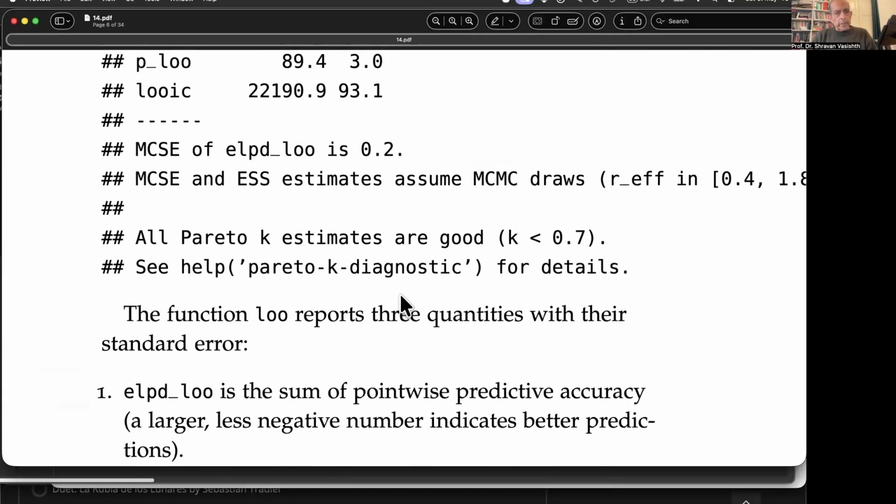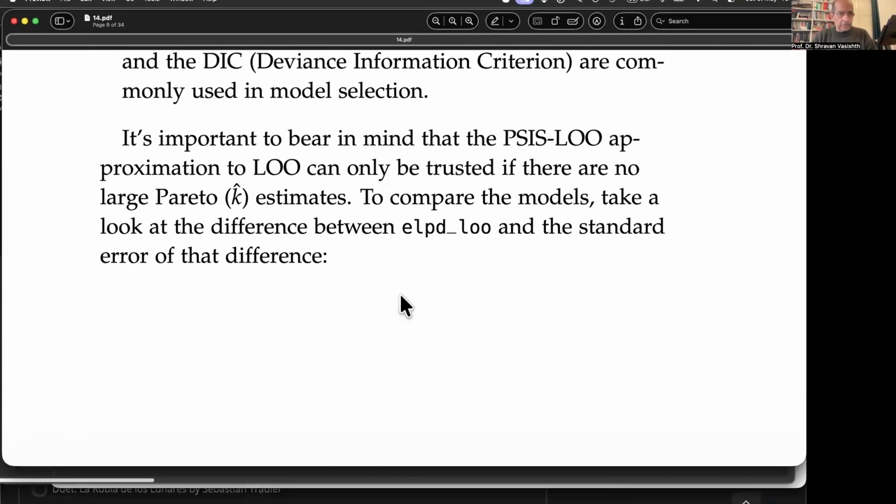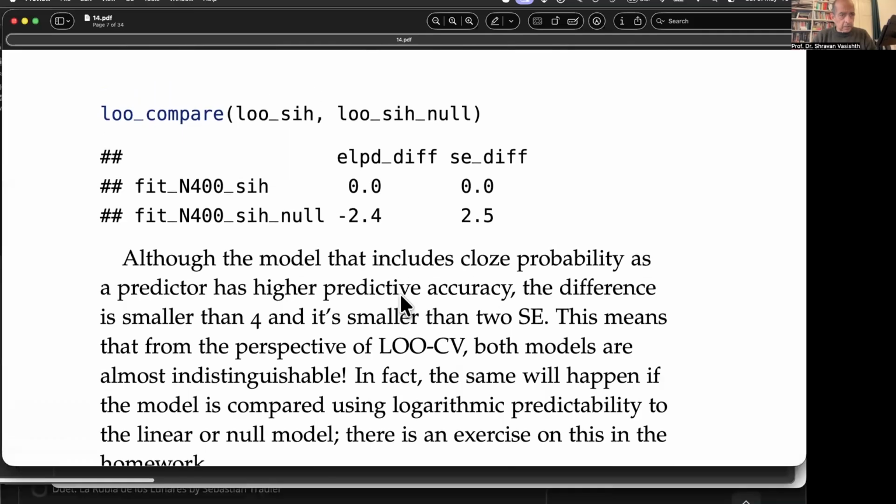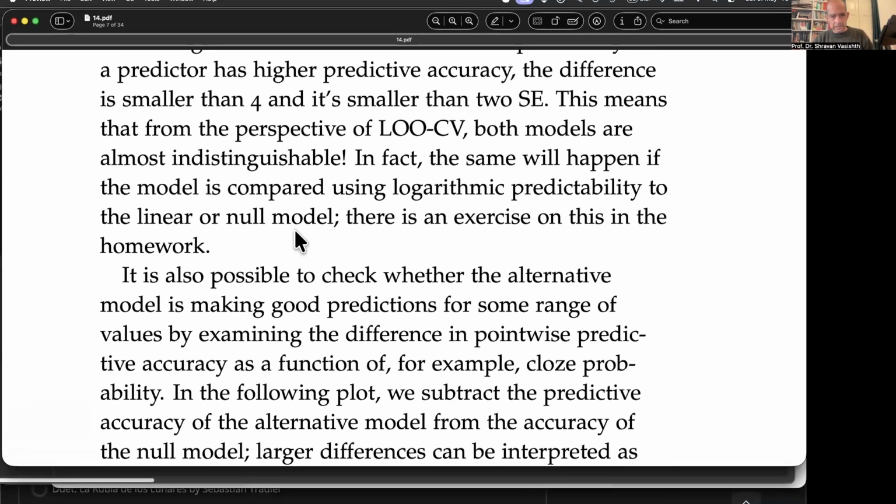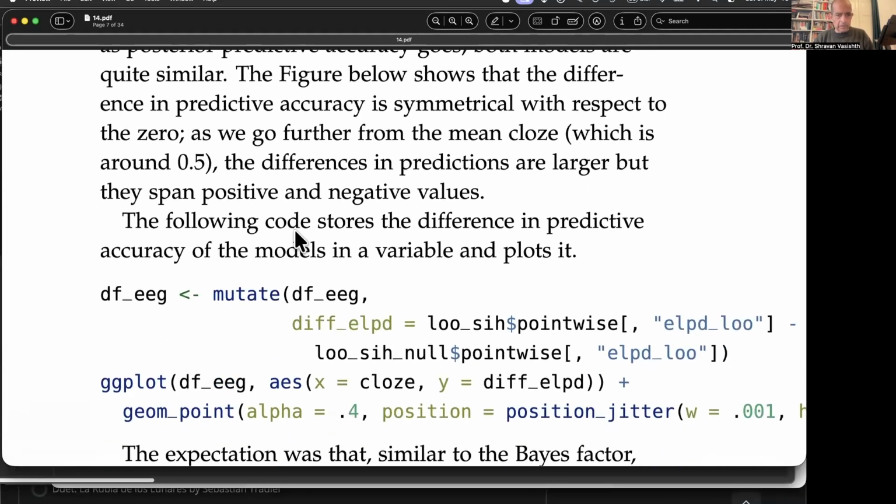You can compute the difference by using the loo_compare function in the loo package, which takes the full model and null model and compares the difference between the two ELPD-LOOs. The null model has a slightly lower ELPD, but the standard error of that difference, which I will show you later how to compute, is so broad that we can't really conclude anything. So we have no evidence either way whether the full model is better than the null model or not.